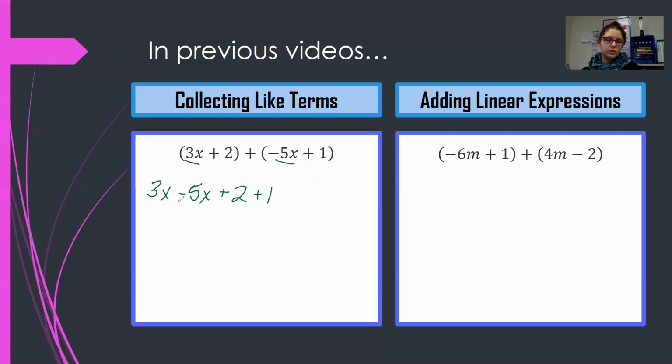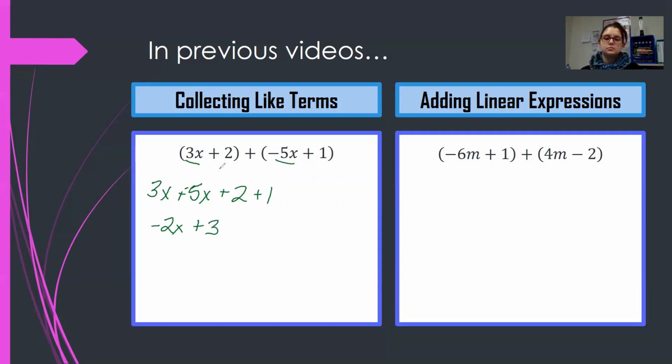We can't take 5 away from 3, so we'd change this into adding the opposite. So 3 plus negative 5, different signs tell me to subtract. 5 minus 3 is 2x. I have more negatives, so it's a negative 2x. And 2 plus 1 is 3.